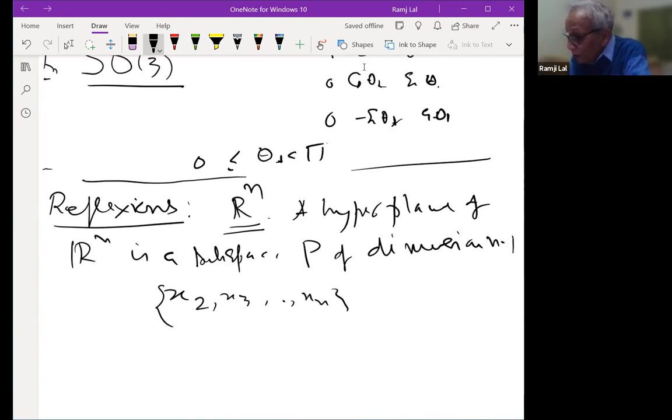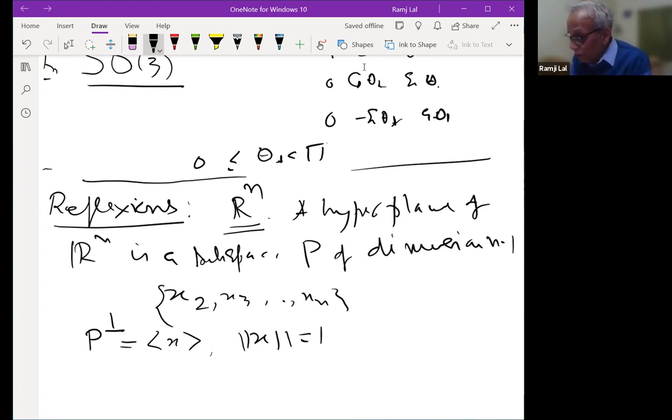So if you look at the orthogonal complement of P, then the orthogonal complement is just a one-dimensional vector space. It is generated by one element, x here, and if you restrict x to be a unit vector, then there are only two choices here.